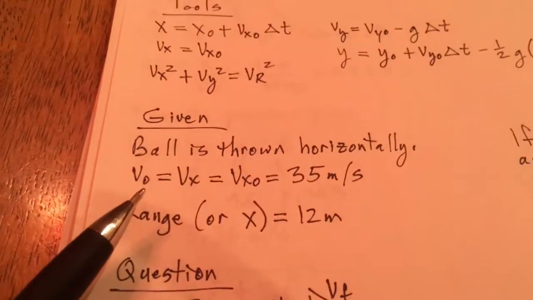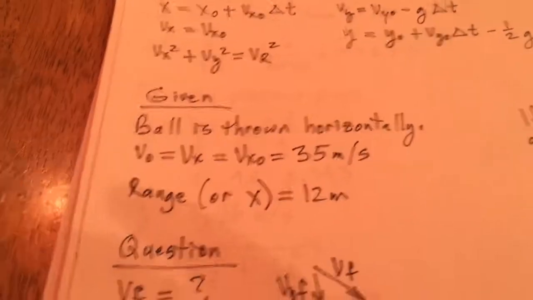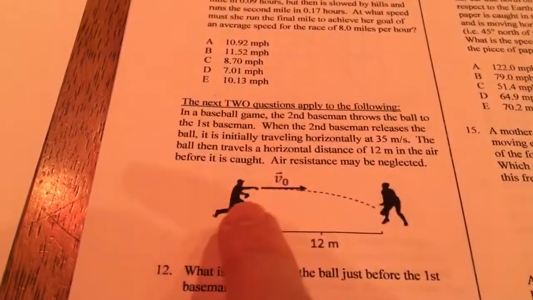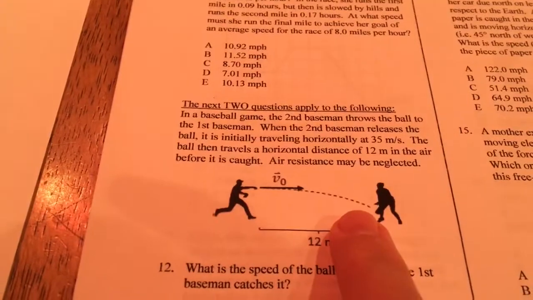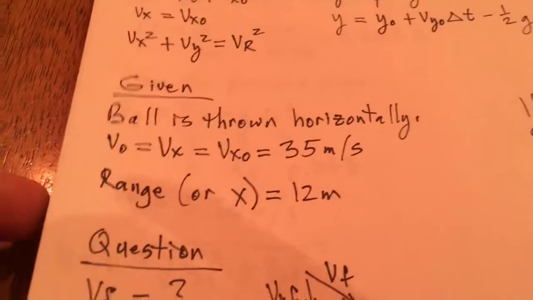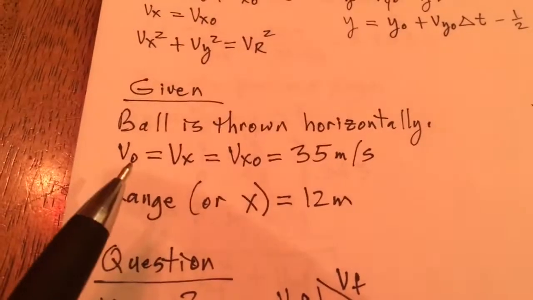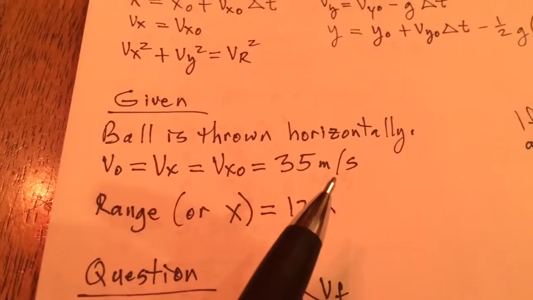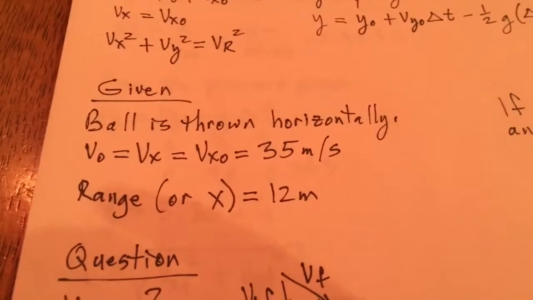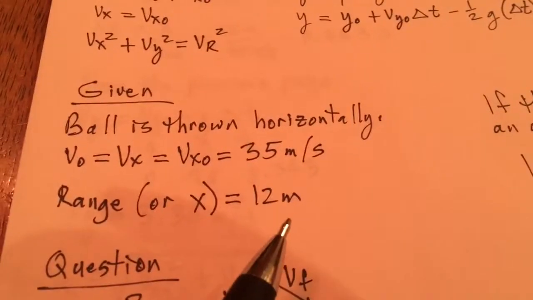That means that all along the trajectory, over this whole path, Vx will be constant. So that's important to note for projectile motion. That's why we know all three of these in this particular case are equal to 35 meters per second. And again, the range, or X, is 12 meters.